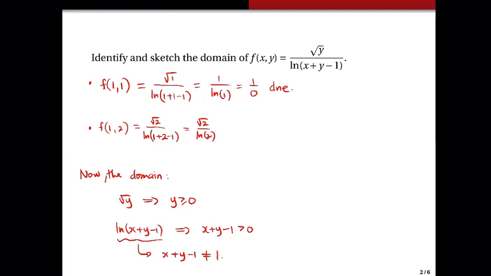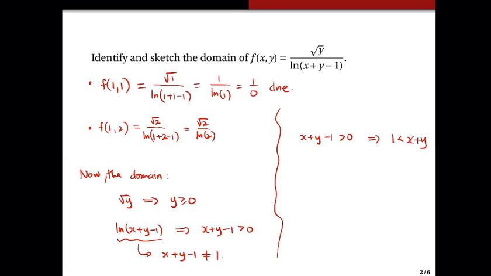So from here, let us try to sketch the domain of the function f. So we want this x plus y minus 1 to be greater than 0, which means that we have 1 less than x plus y.